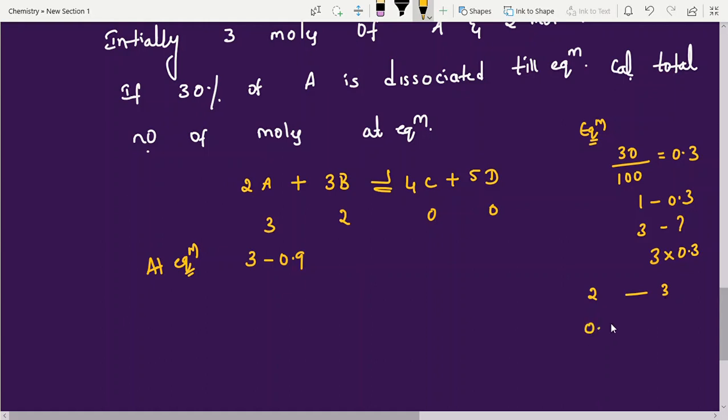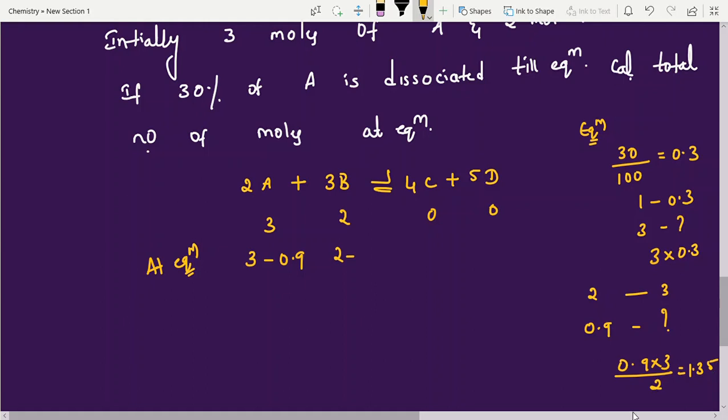Now this is 0.9. 2 moles means 0.9. 3 moles, how much? 0.9 into 3 by 2. What is the answer, students? Nearly you will get 1.35.